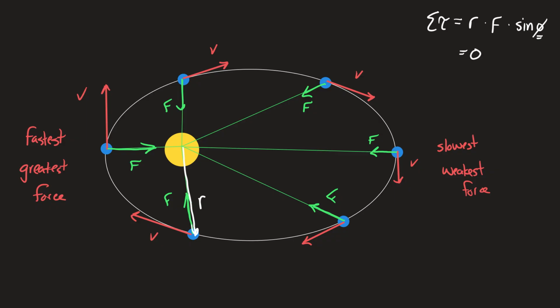If there's no net torque on the planet, then the angular momentum has to be a constant. So even though R is changing and V is changing and the angle is changing, they're all changing in proportion to keep the angular momentum the same because the net torque is 0.